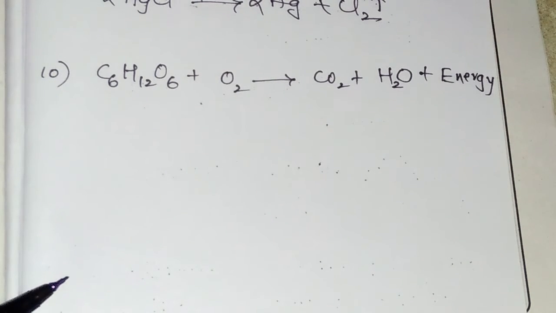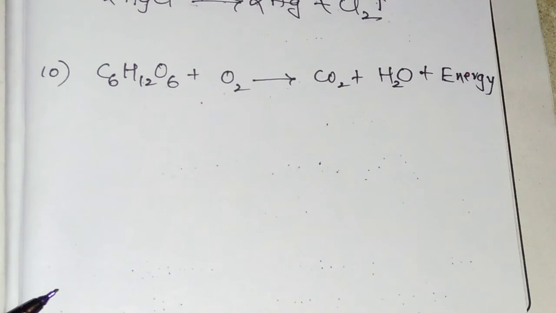These all will be broken down in the digestive system with the help of the enzymes. So these glucose molecules formed at the end will react with the oxygen, and this takes place in each cell, and carbon dioxide and water are formed.